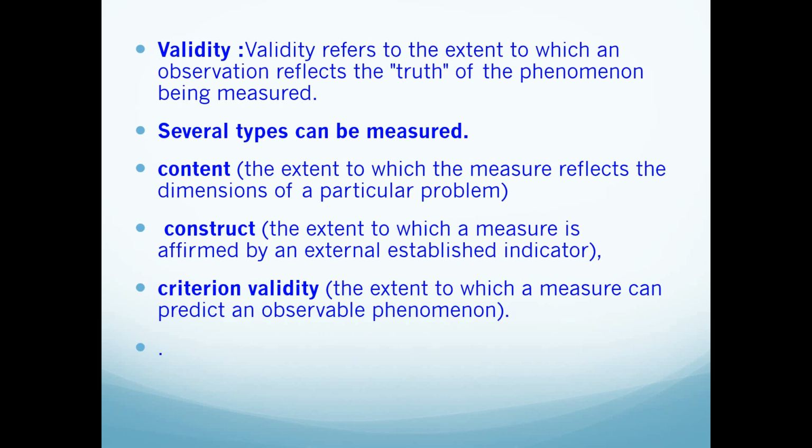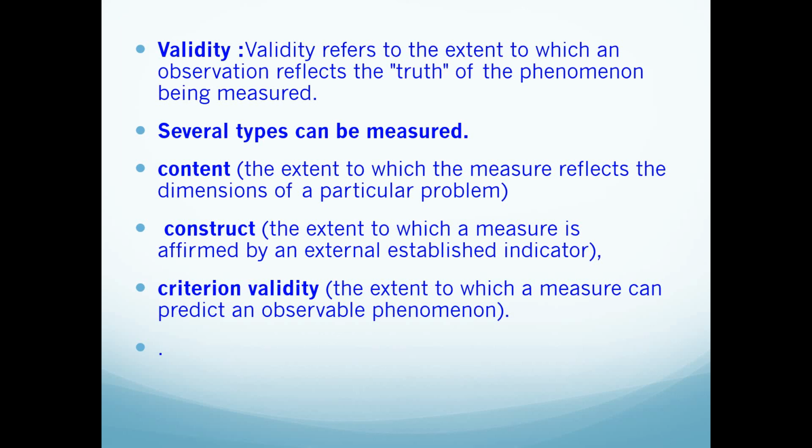There are several types that can be measured: content validity, construct validity, and criterion validity. Content validity is the extent to which the measure reflects the dimensions of a particular problem. Construct validity is the extent to which the measure is affirmed by externally established indicators.